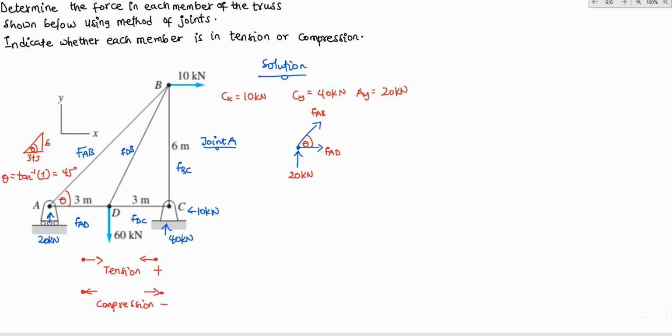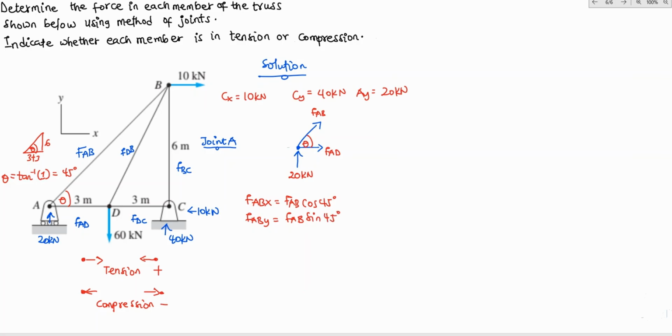Alright, so let's continue. From here, we can find the components of FAB. You can get FABX to be equal to FAB cosine of the angle, which is 45 degrees, and then you can get FABY to be equal to FAB sine of 45 degrees.